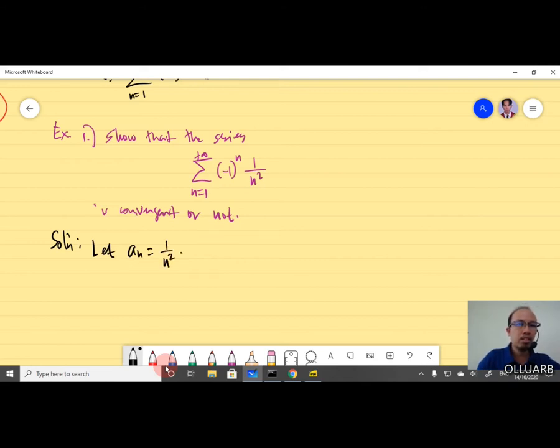First, we have to show that the sequence a sub n is positive valued.